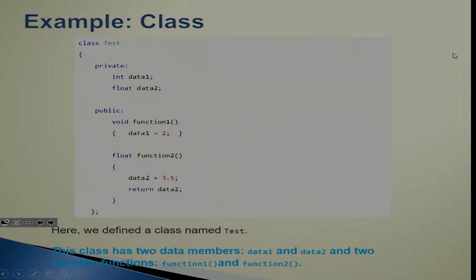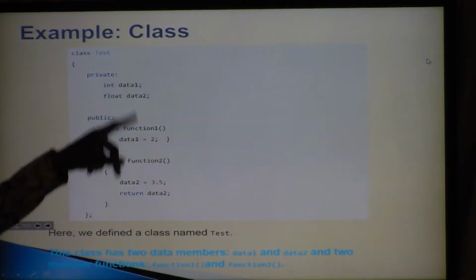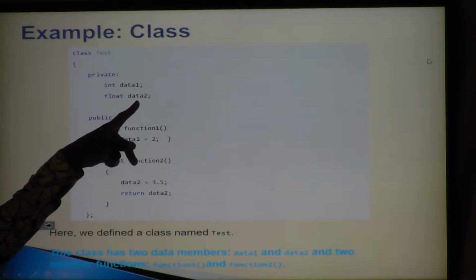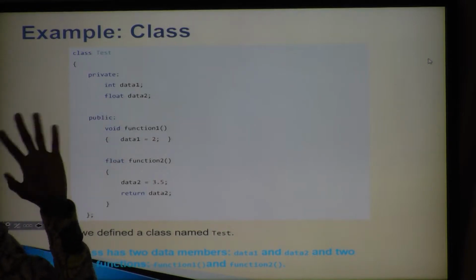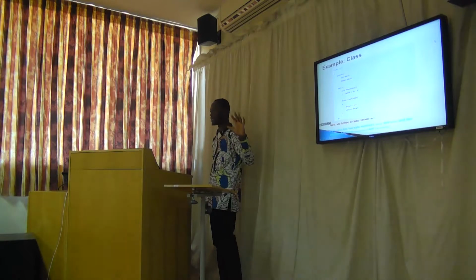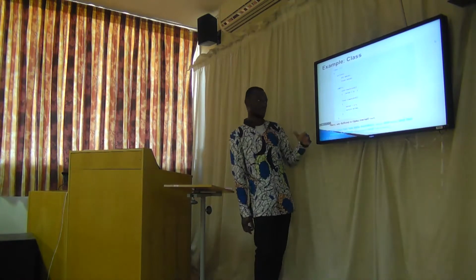This is an example of a class declared as private. This class has two data members. Data 1, those are the members inside of the class, and then data 2 is this one here. Remember I told you a class can have different data objects, variables, or data types.